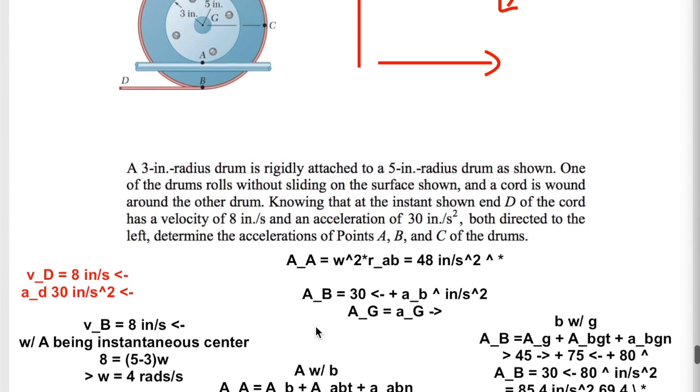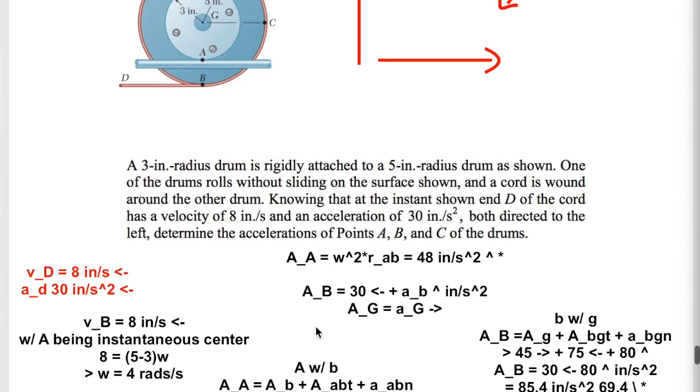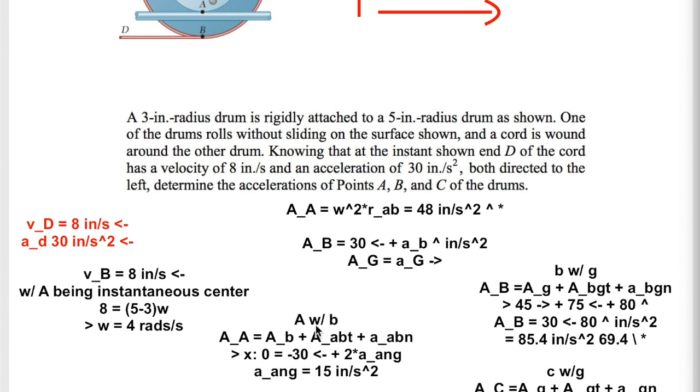So we look at point A with respect to B. The acceleration of A with respect to B is the acceleration of B plus the AB tangent component and the AB normal component.